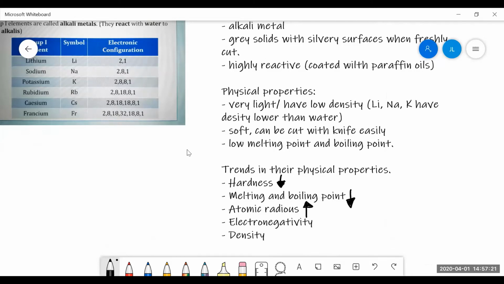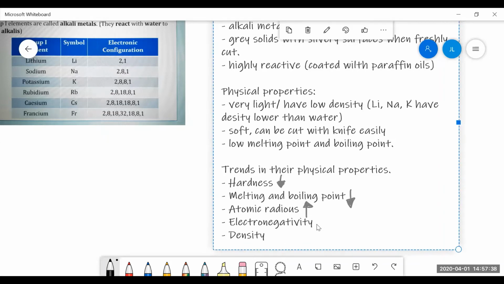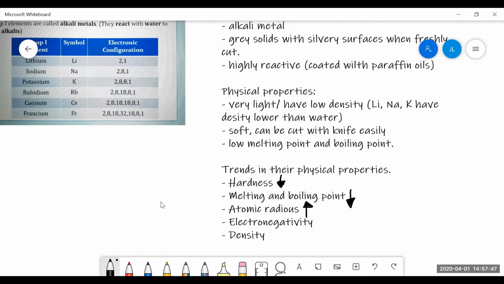Electronegativity. What is electronegativity? Anyone? Electronegativity is a measure of the tendency of an atom to attract a bonding pair of electrons.